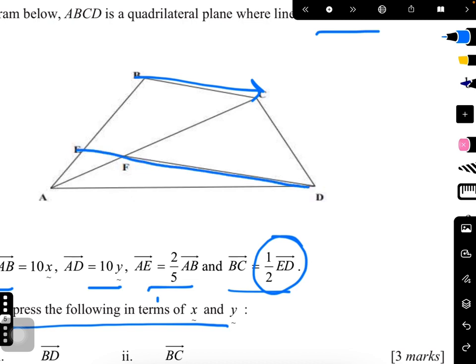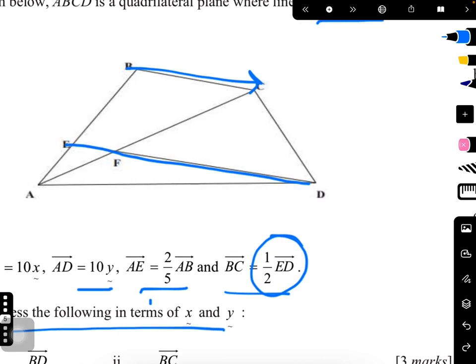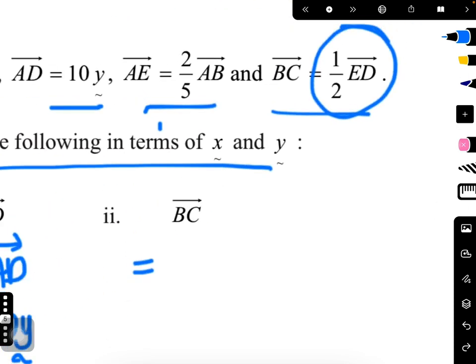Oh, this is parallel, so this is the constant. Okay, BC equals 1 over 2 ED. How can we find ED? By using EA to AD. Okay, we can just substitute 1 over 2 ED.